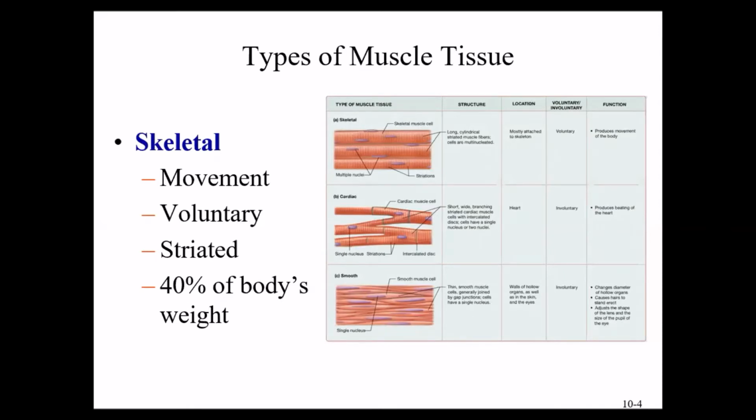It is under voluntary control, so you can voluntarily control your skeletal muscles, and it is striated. It does have an alternating light and dark appearance, and that's because of the arrangement of the protein fibers, and we'll look at those a little bit later in this chapter as well. And it represents about 40% of your overall body's weight.